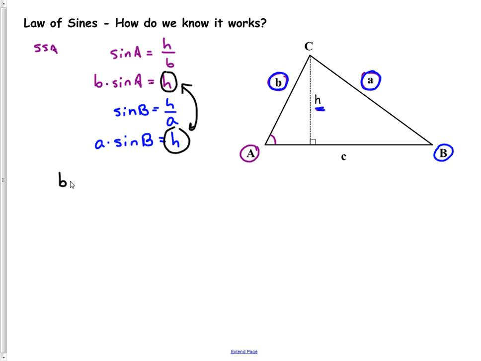Therefore, if we take B, multiply it by the sine of A, that will be equal to A multiplied by the sine of B. Well, that's kind of cool because look at what happens.